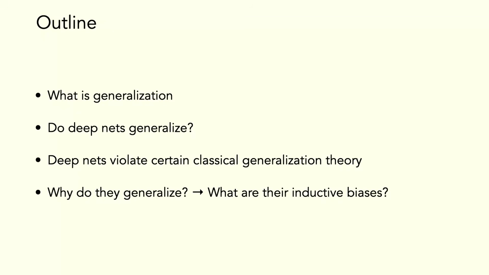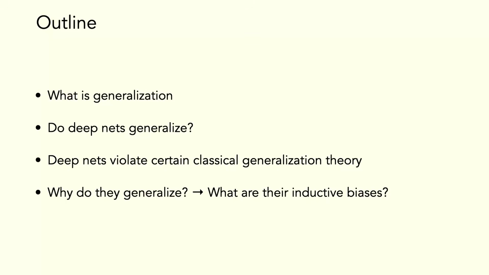So we're going to go right in. The outline for today will be, what is generalization? That should be review. You've all taken machine learning or classes like this before. Then the next question is, do deep nets generalize? Then we'll see that there are some classical theories of generalization, and they don't actually work very well for deep learning. So we'll see some failures of classical generalization theory at explaining phenomena in deep learning.